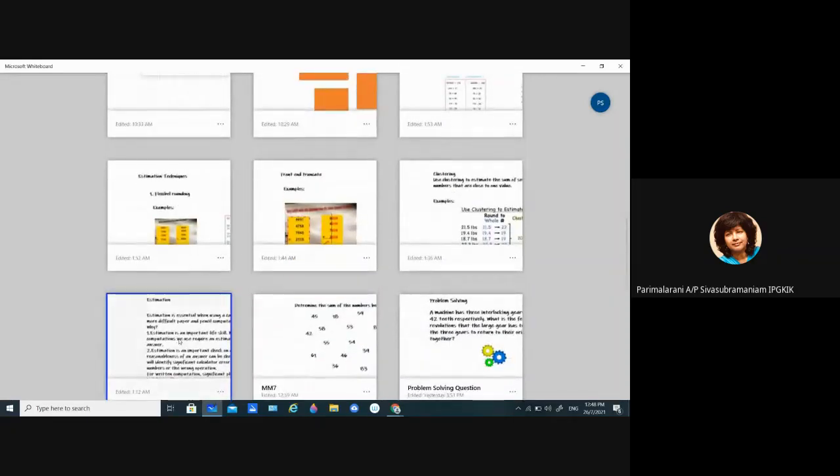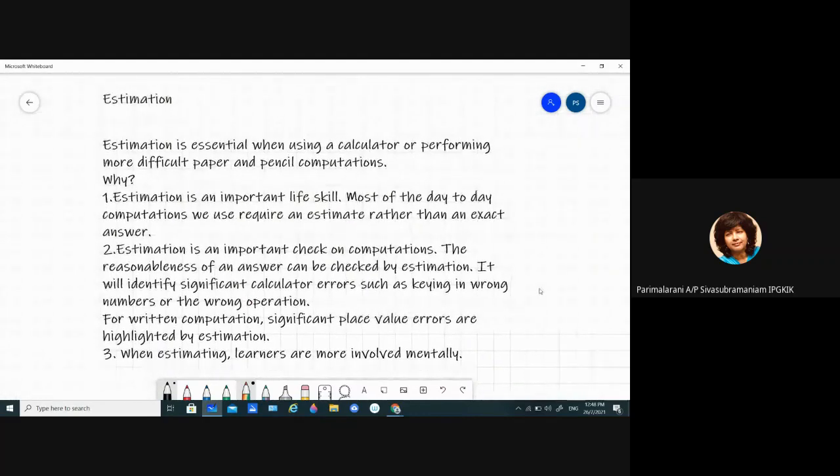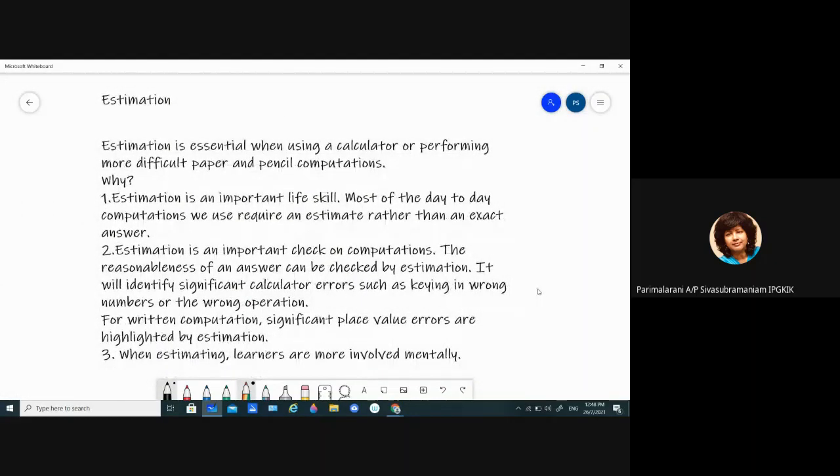Now we're going on to estimation. Estimation is essential when using a calculator or performing more difficult paper and pencil computations. I don't know about you all, but before, when we learned computation in school, we had to estimate first.